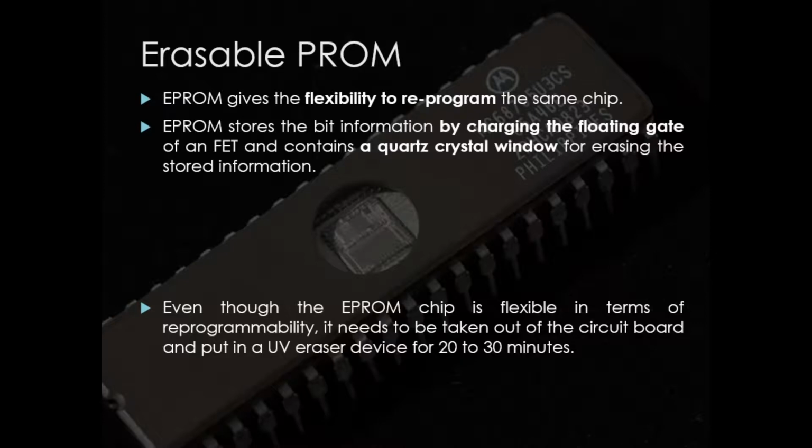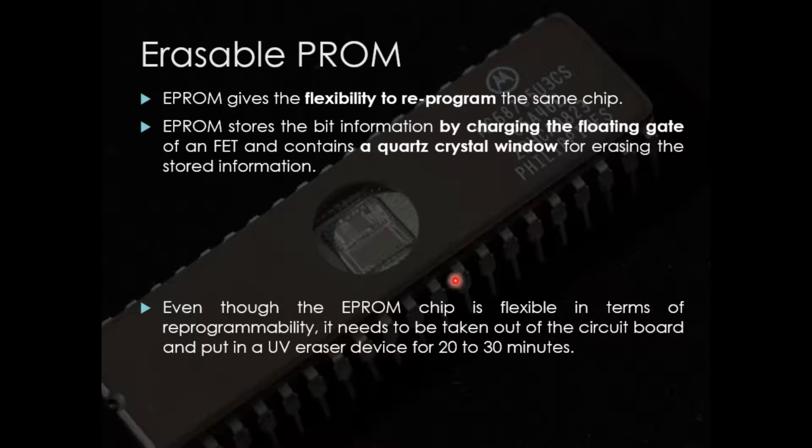It is reprogrammable because here the memory cell is basically made up of a floating gate FET. Okay, it is made up of floating gate FET. So you can basically change the bit information just by charging this floating gate field effect transistor. So a chip made as erasable PROM will have a quartz crystal window.